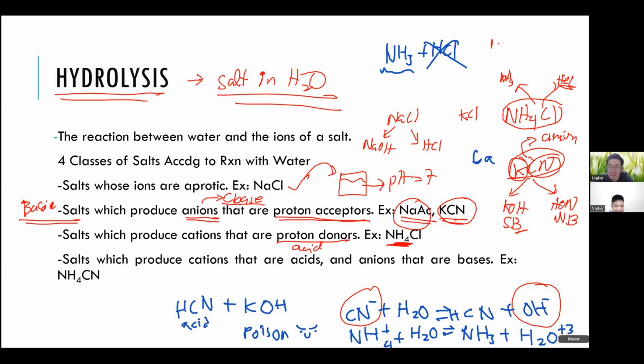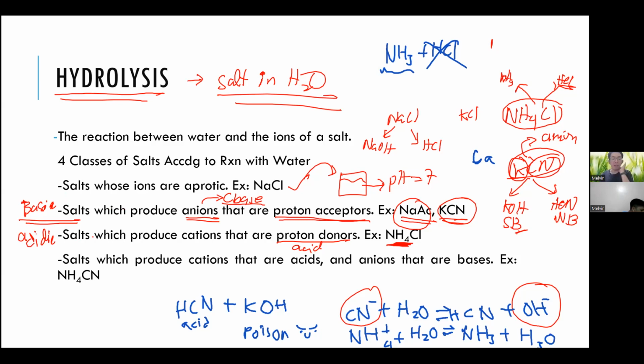Not plus 3. Anyway, that is the formation of your hydronium ion out from ammonium ion. So, pag yung mga cation ions mo ay nag-act as conjugate acids or proton donors, they are known as acidic salts.